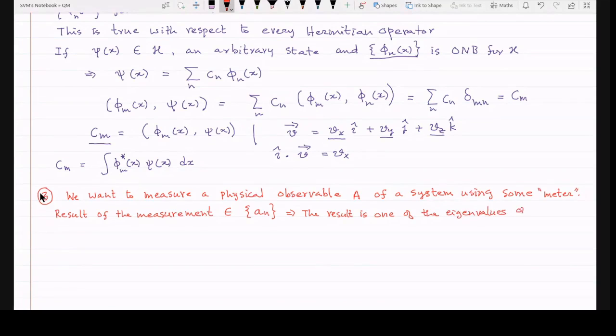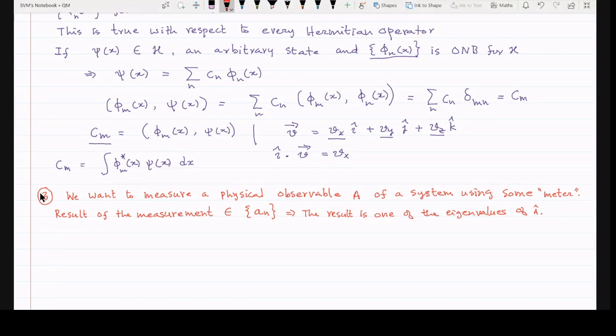Only this much we can say. We cannot say anything further or anything better than this. About the result, we don't know the result, but we only know the set of possible results.